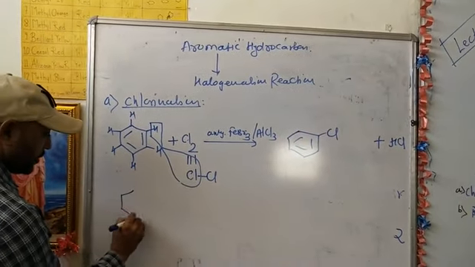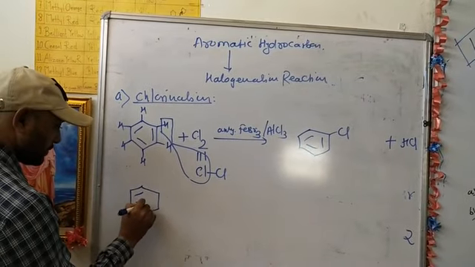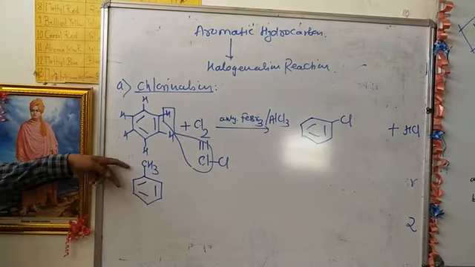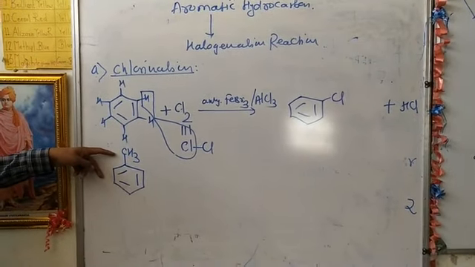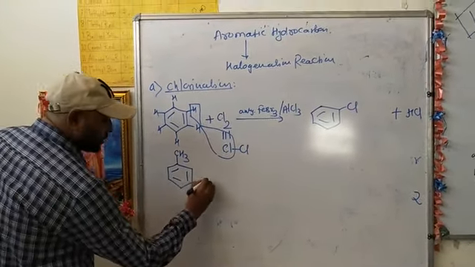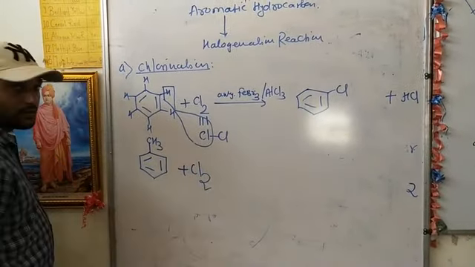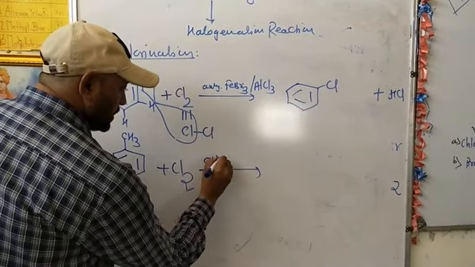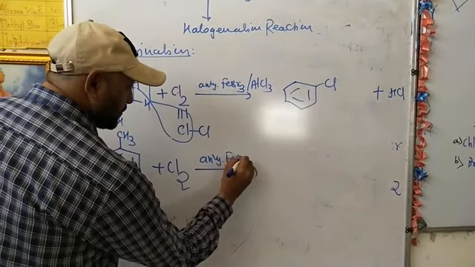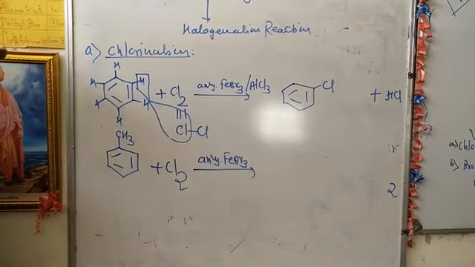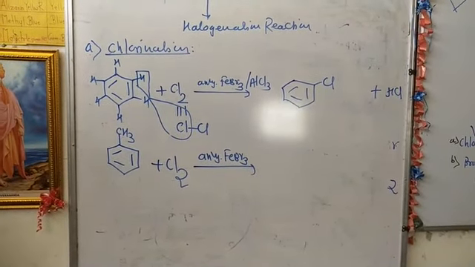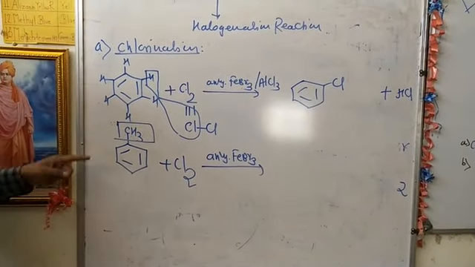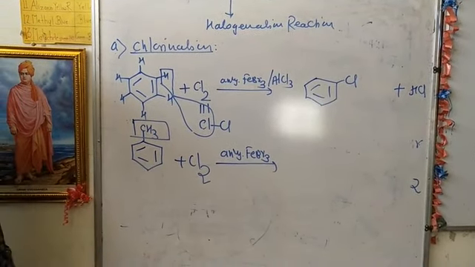Take a derivative of benzene, CH3. This is called toluene, which undergoes chlorination reaction in presence of anhydrous FeBr3. Look now, this methyl group is ortho and para director.